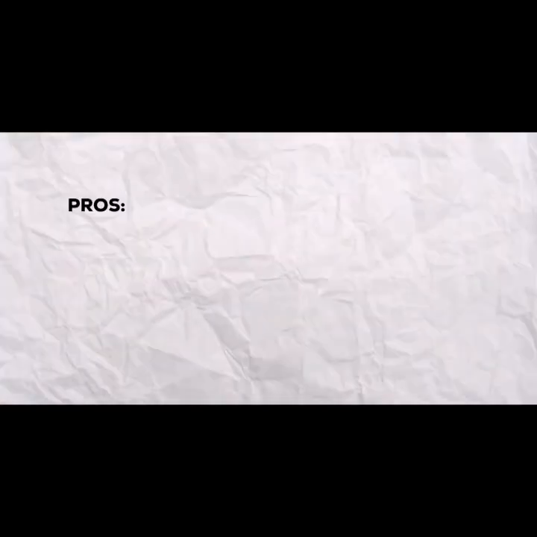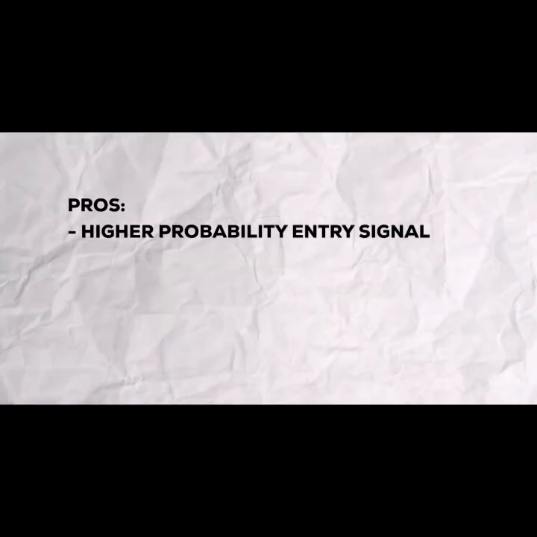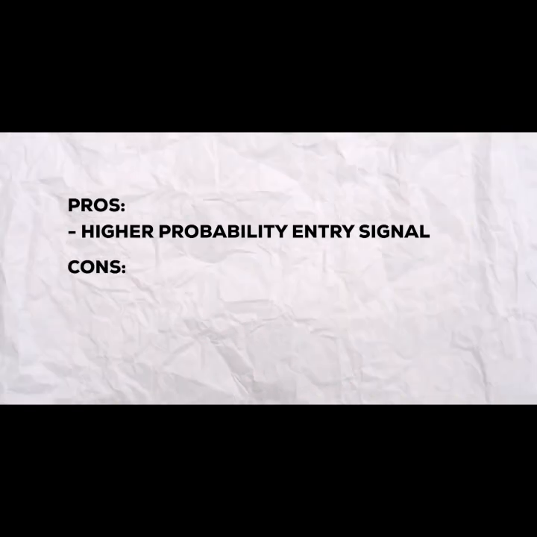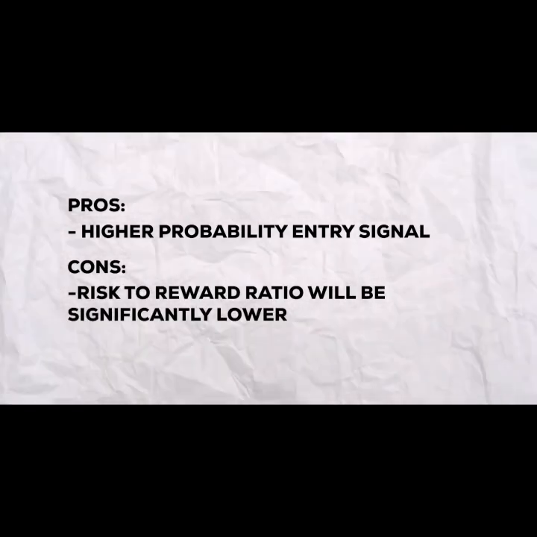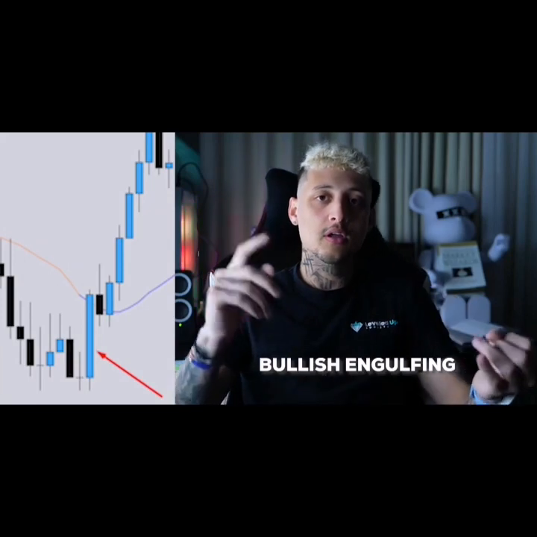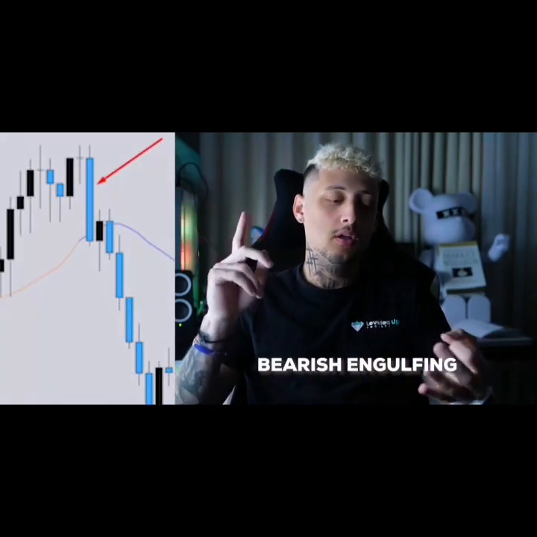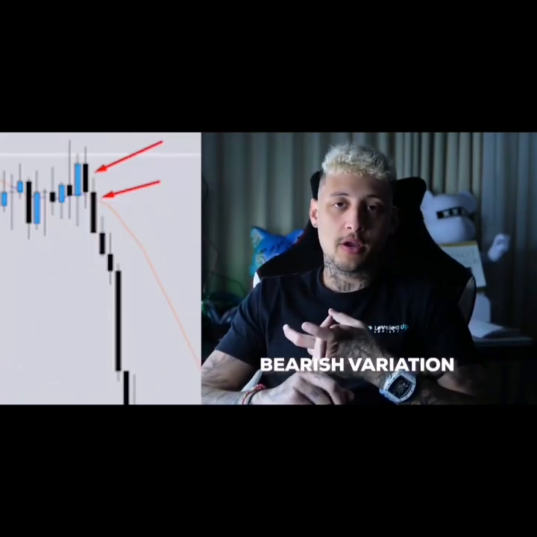Again, the pro is a higher probability entry signal, but the con is that your risk reward ratio is going to be significantly lower than with the aggressive entry signals. So with that being said, you're really going to have roughly 4 types of entry signals: your bullish engulfings, your bearish engulfings, your bullish variations, and your bearish variations.